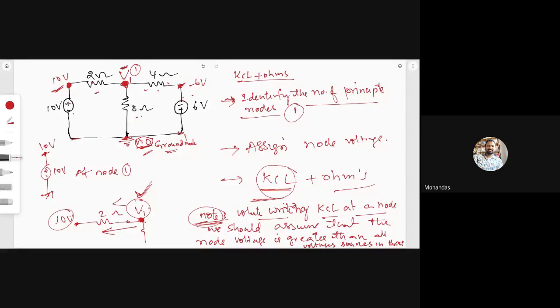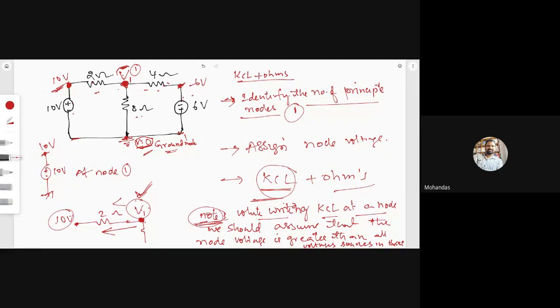So always current flows from higher potential to lower potential, or higher voltage to lower voltage. As we have assumed that V1 is greater than all voltages, V1 is greater than 10 volts. So how is the current flowing? Like water flows from higher level to lower level, here also current always flows from higher voltage to lower voltage through a resistor.